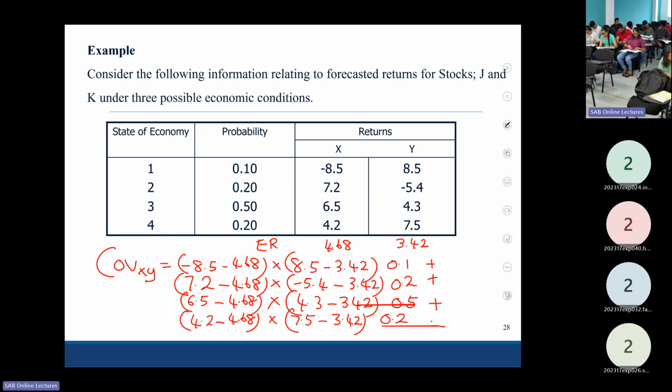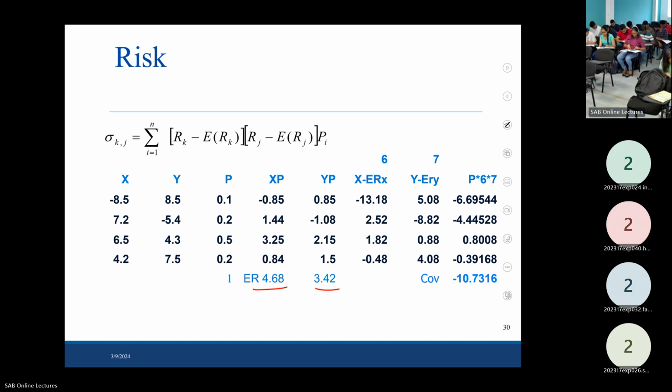How much is the covariance? Is it minus 10.73?